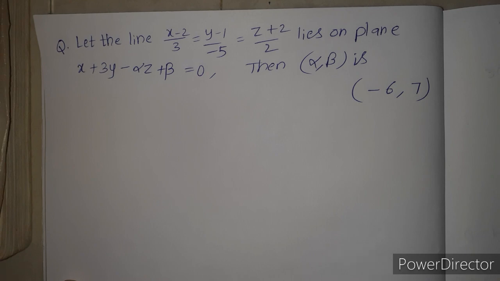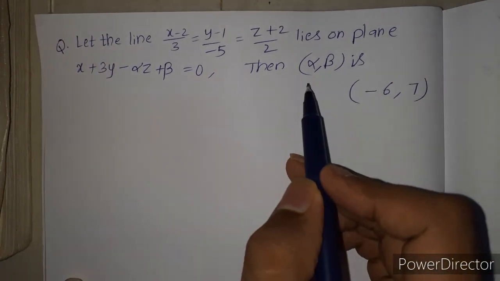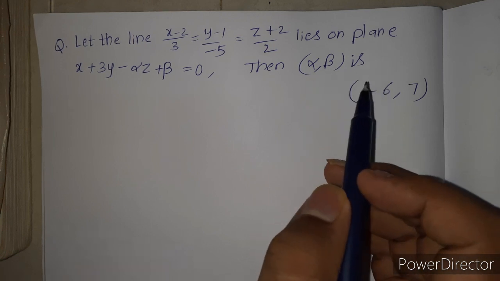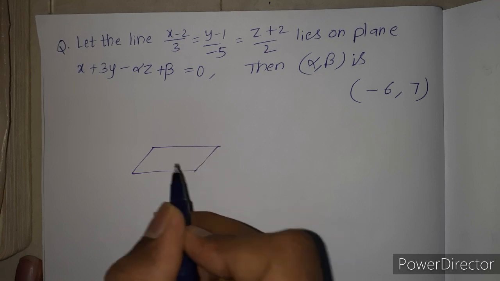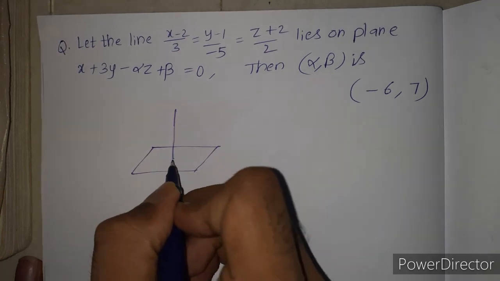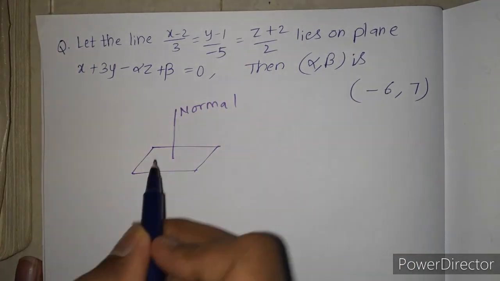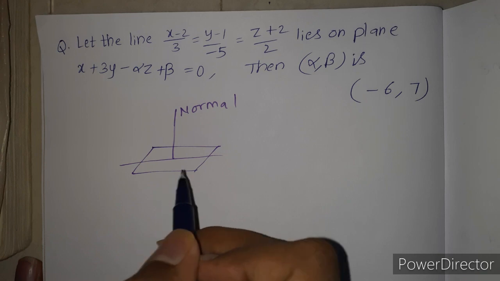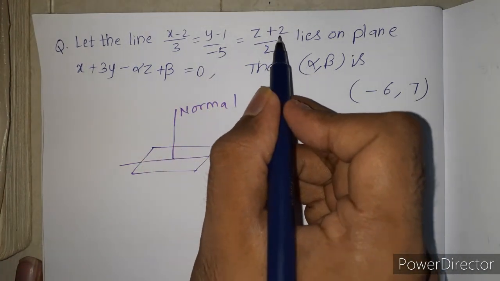And the given problem is this line lies on this plane, so we need to find alpha comma beta. Now if this is a plane, its DRs are actually nothing but the DRs of its normal. So this line lies on this plane, so it passes through 2, 1, minus 2.